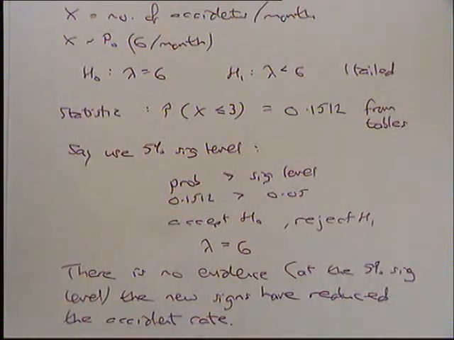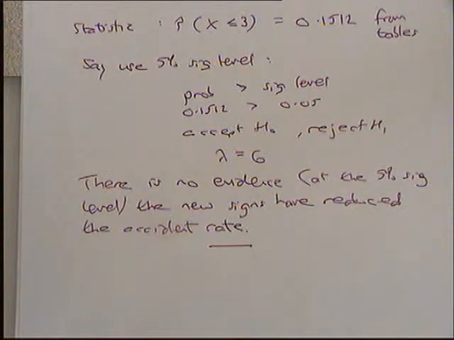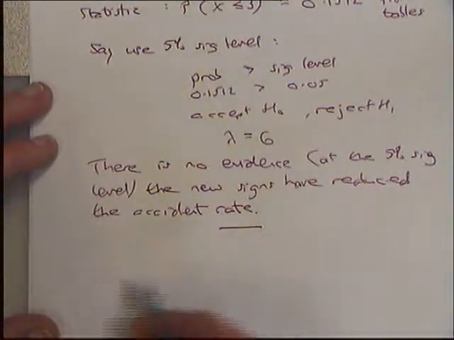So we've said here, okay, at the 5% level, no significance. But let's pose a follow-on question: what rate of observed accidents in this next month would we have had to have seen to conclude that the signs did make a difference?